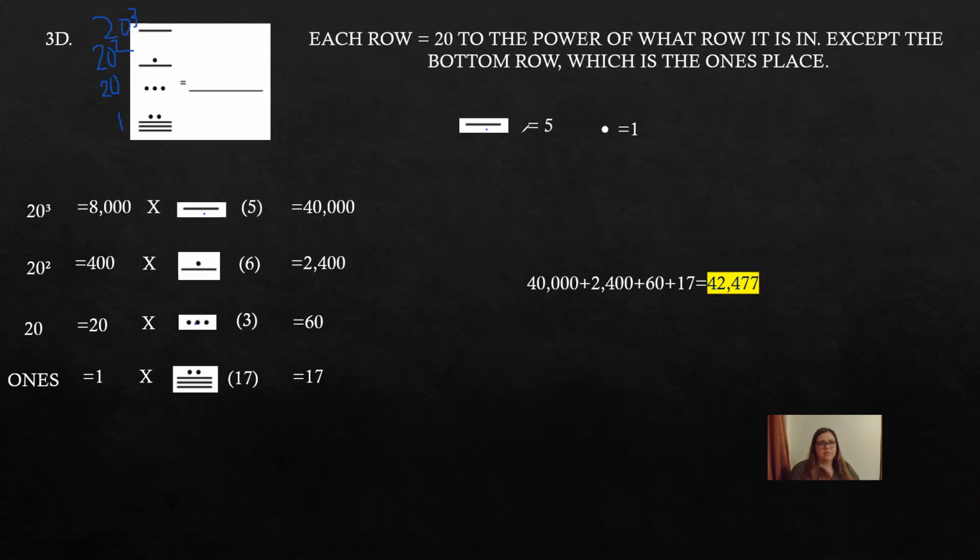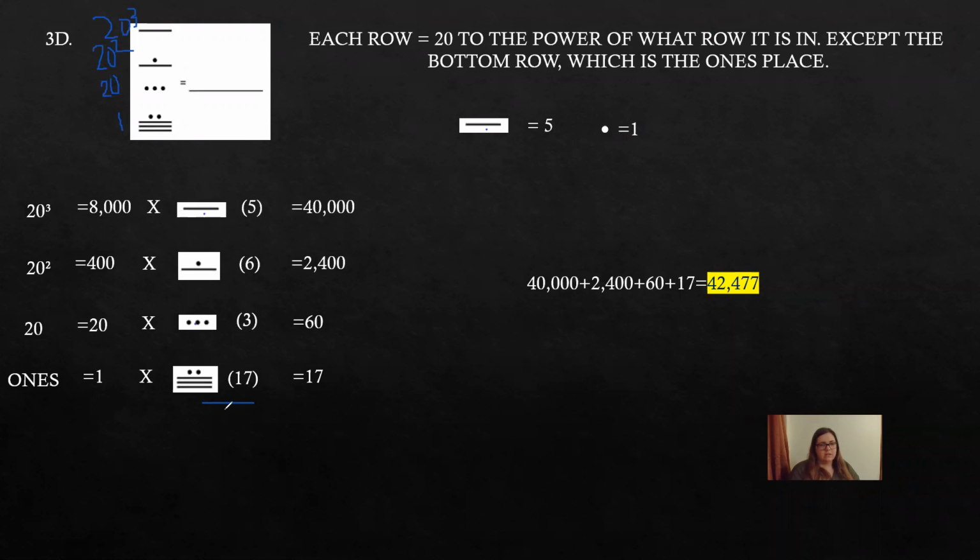Your lines are 5 apiece, and your dots are 1 apiece. So right here we have 17 of them. 5, 10, 15, 17. Then we have 3. Then we have 5 and 6. And then we just have 5 right here.